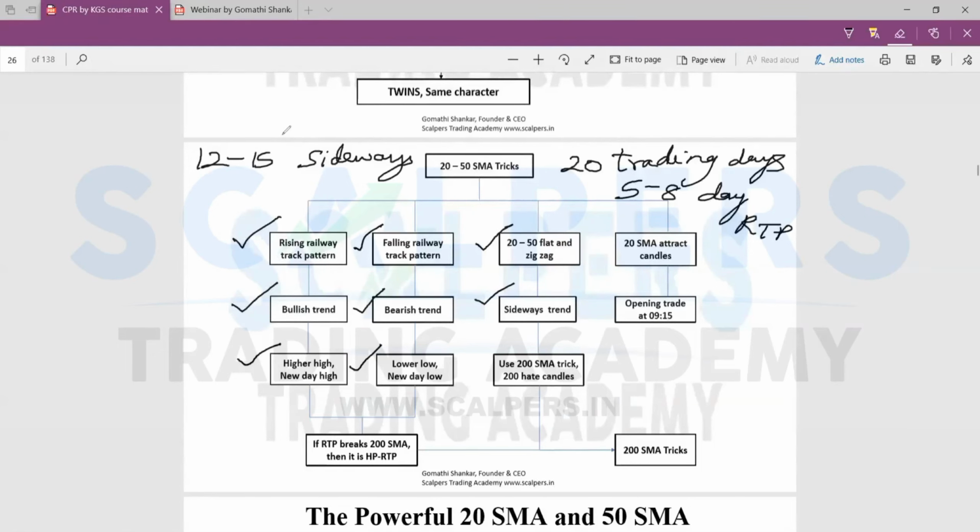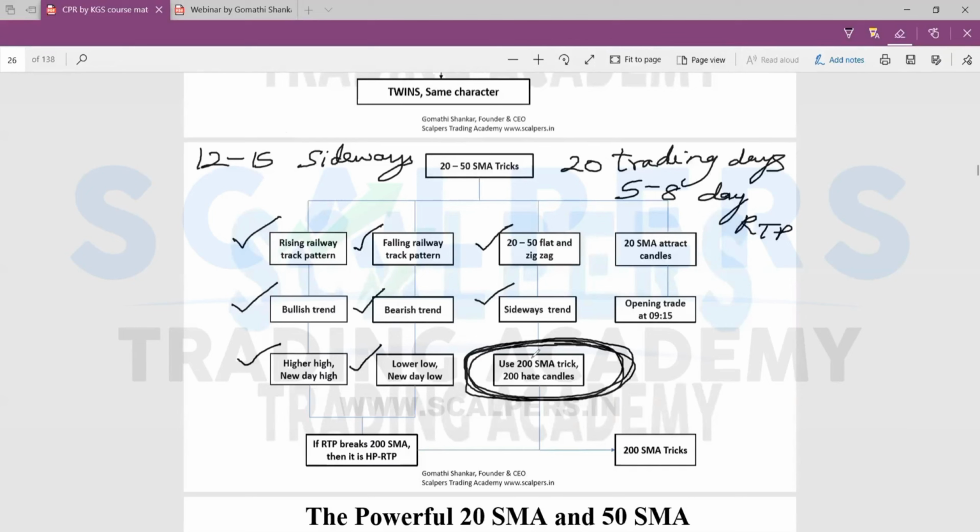So in a sideways market, whenever 20 and 50 are flat and zigzag, you can trade based on the 200-day moving average. In the beginning, I told you we are using 3 moving averages: 20, 50 and 200. 20 and 50 are twins, both having the same character.